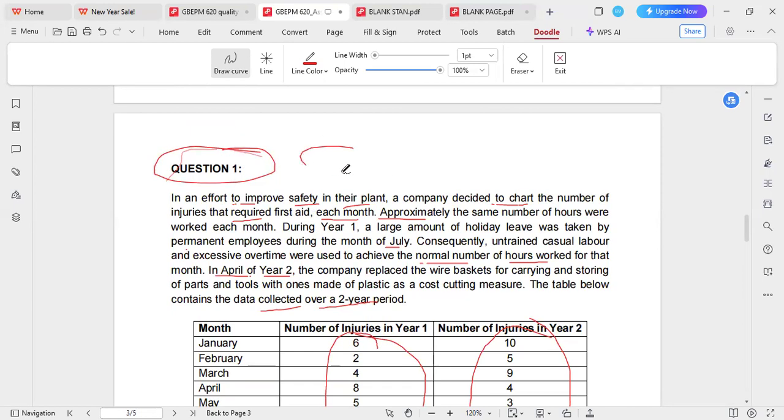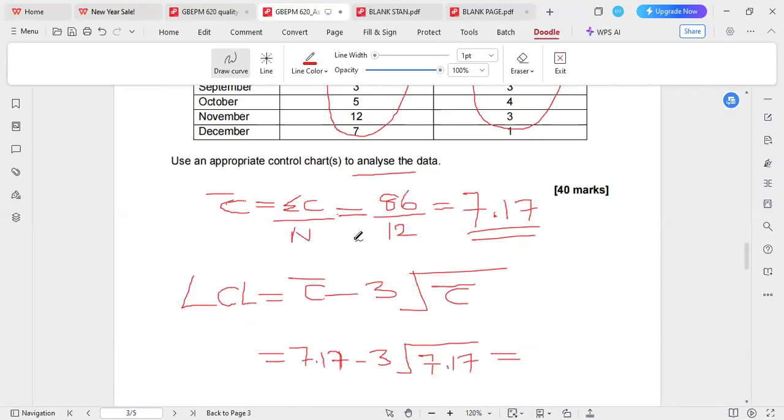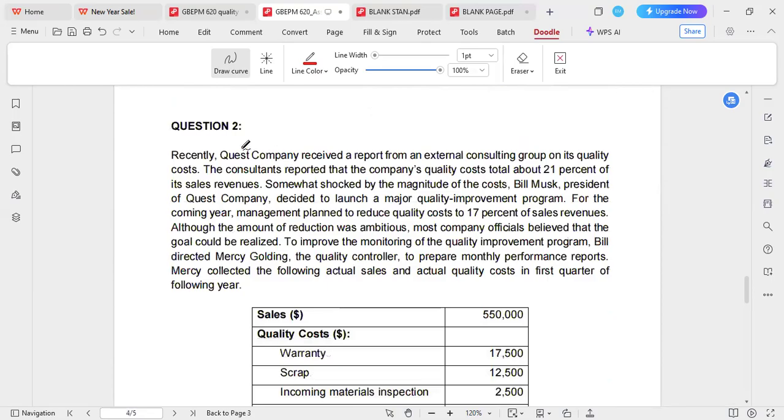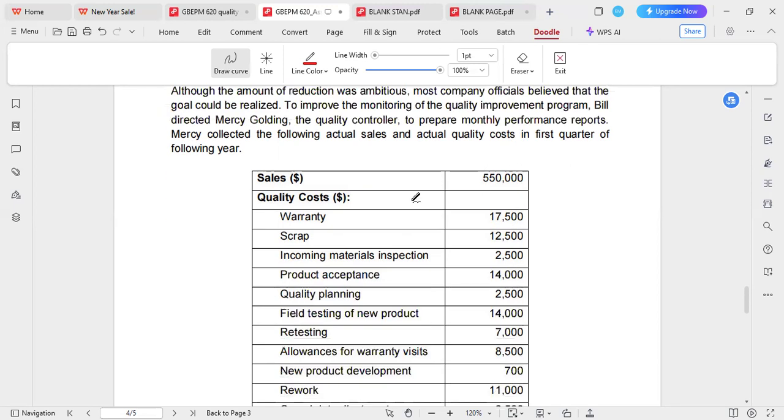Question number 1 was on control charts. All right. Then getting down to question 2. Question 2 was on cost of quality. So under cost of quality, the first one is prevention. We have the prevention cost.